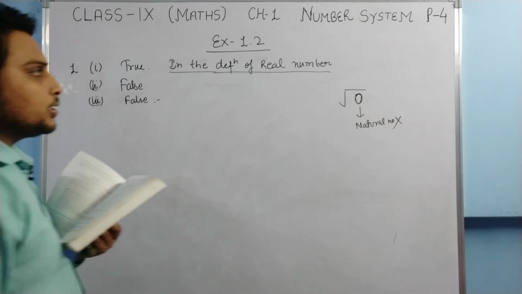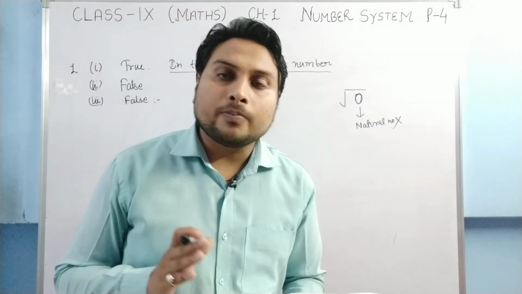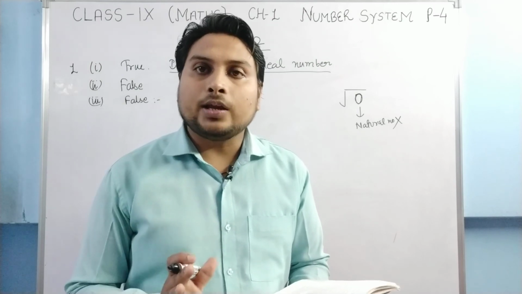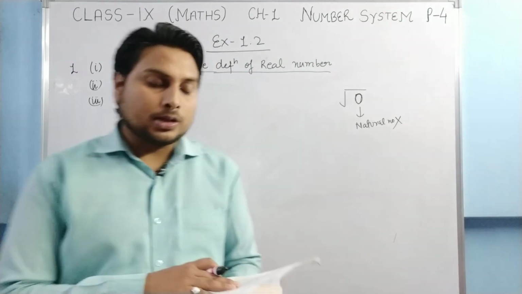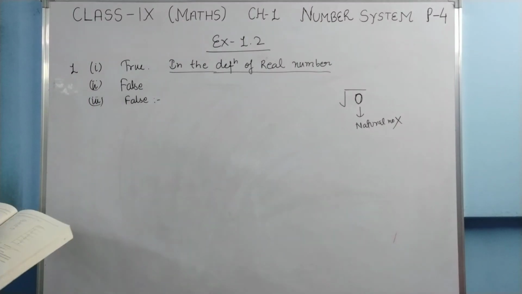This statement is false, because every irrational number is a real number, but every real number cannot be an irrational number. So the third point is false.